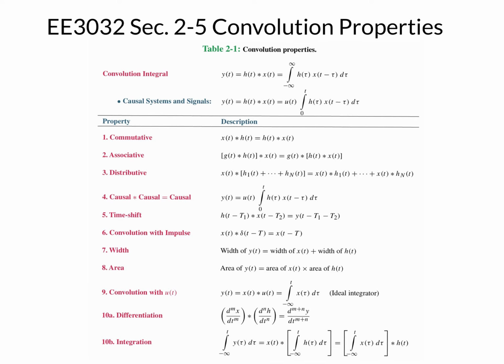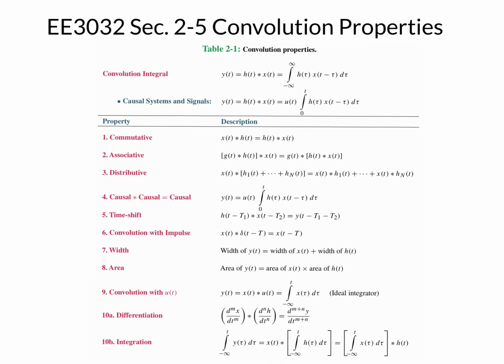The other property that we're going to prove carefully is the area property. The area property is very useful for checking the result after you do a convolution, and also if we want to limit the energy or magnitude of the output, it relates those values to the input x and the impulse response h of t.